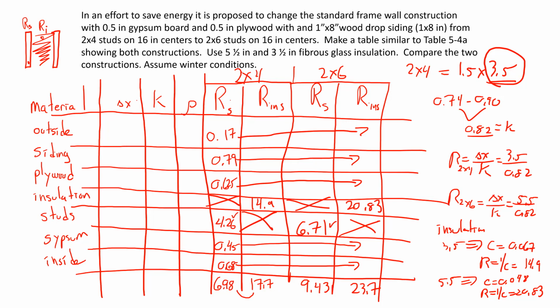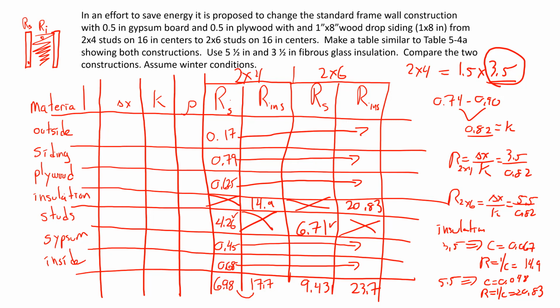Now, I'm saying that this circuit is the same as this circuit. If I were to actually split this up, I would have heat flow looking at things in series going through the outside, the siding, the plywood, the insulation, the gypsum board, and the inside. And then also parallel to that would be heat flow going through the same materials, but on the stud side.